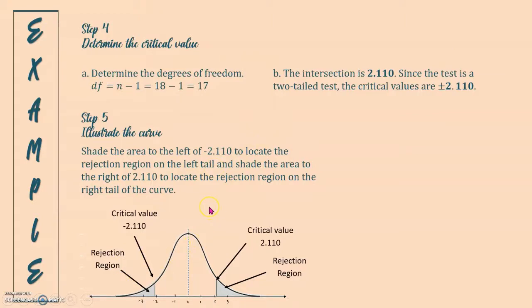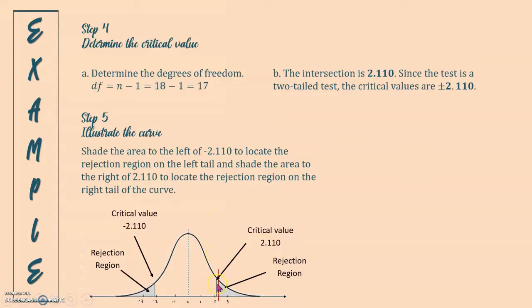Next step will be to locate our test statistic. Our computed test statistic is positive 2.12. Our critical value is positive 2.11 on the right tail.